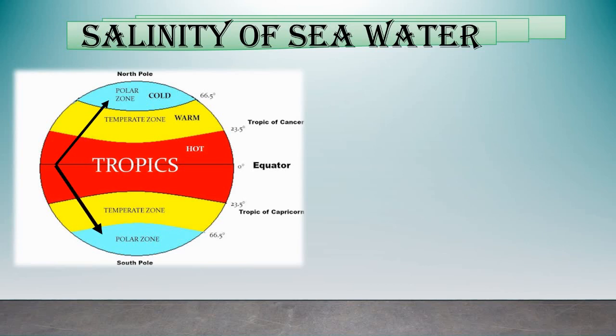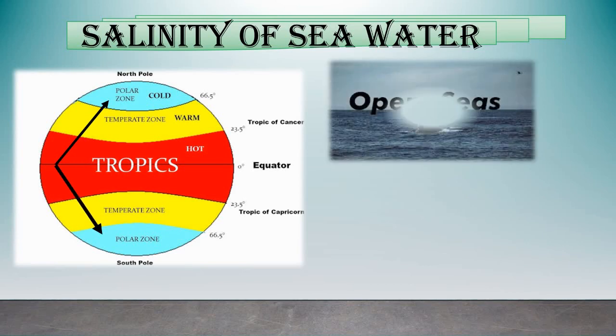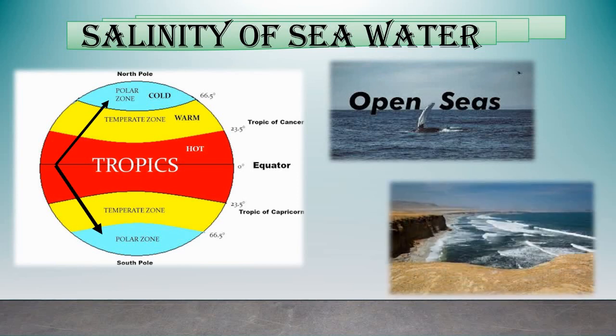Another factor is open seas and landlocked seas. Ocean currents get obstructed in landlocked seas and hence the salinity of the sea remains high compared to the open seas. Mixing of water takes place easily in the open seas and therefore salinity remains controlled by the ocean current.